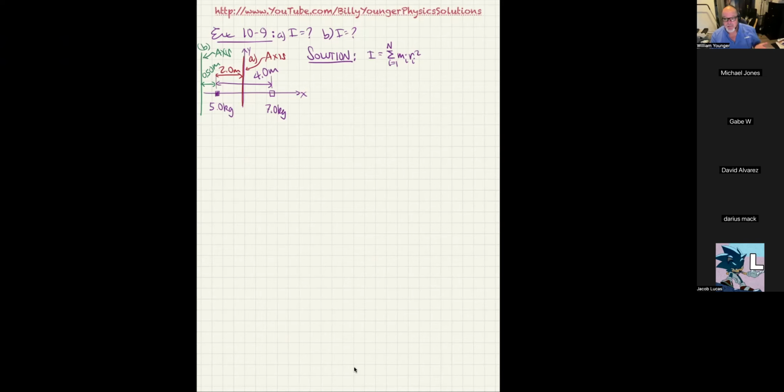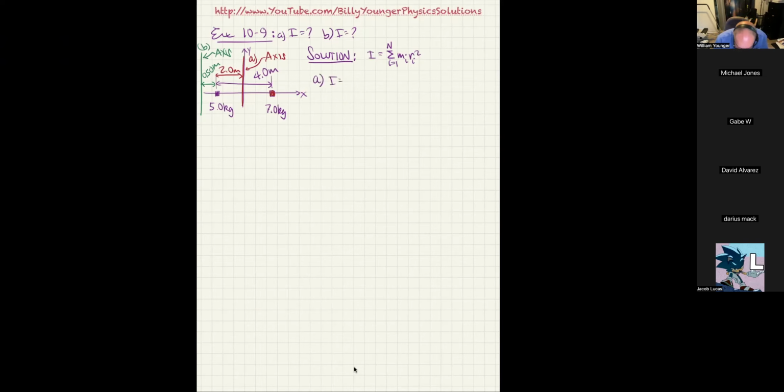In this case, we only have n equals 2, so there are only two terms. r sub i is the perpendicular distance from the center of mass of m sub i to the rotation axis. If you're dealing with point objects, it's not that big of a deal because the center of mass is their location.